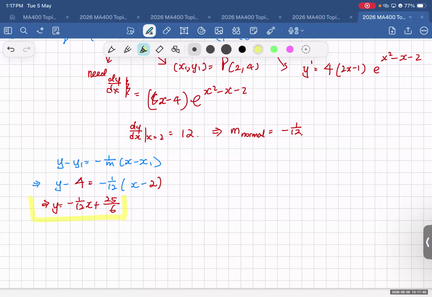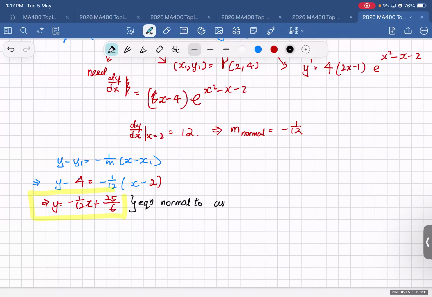Stay focused. Remember the big picture? What are we finding? Don't be lost. This is the equation of the normal to the curve at P (2, 4). Why are we doing this? Because from this normal, he's going to give us Q, correct?